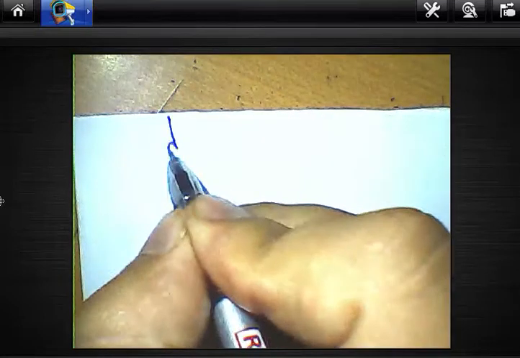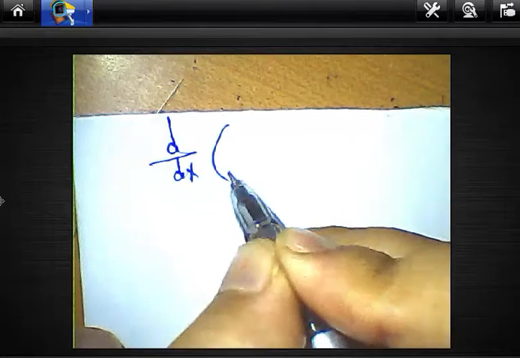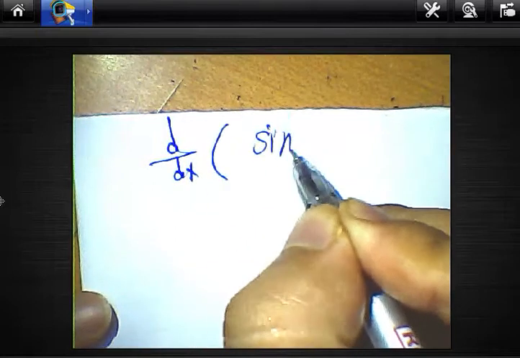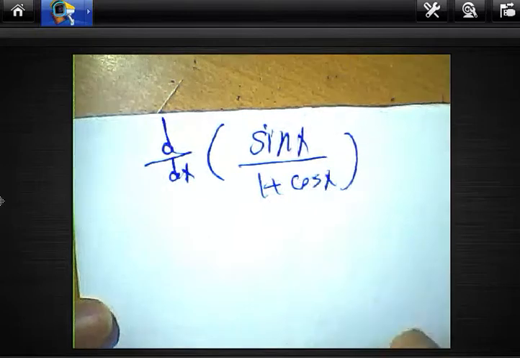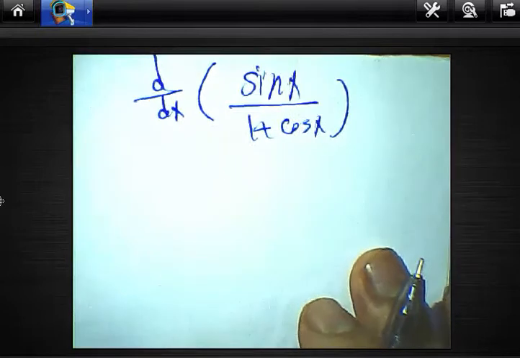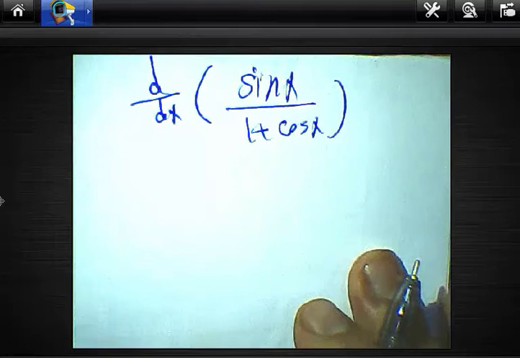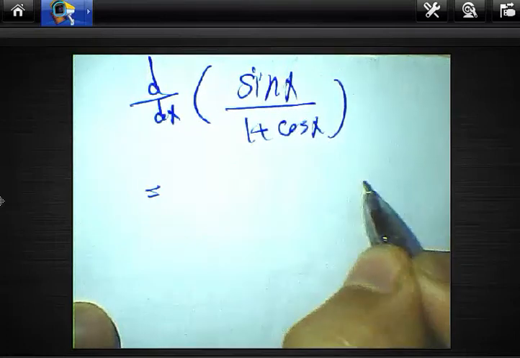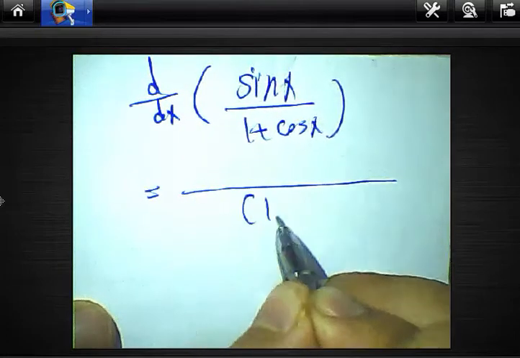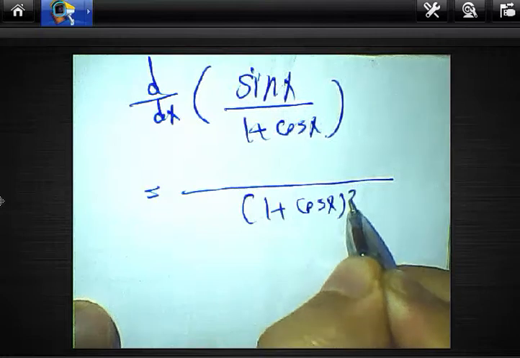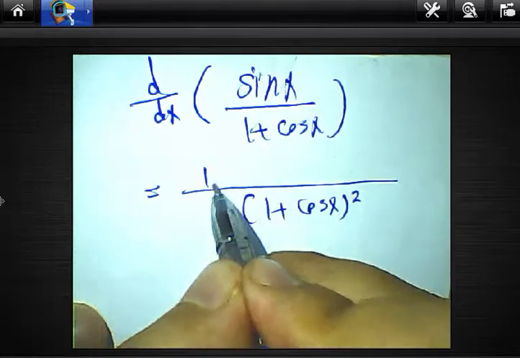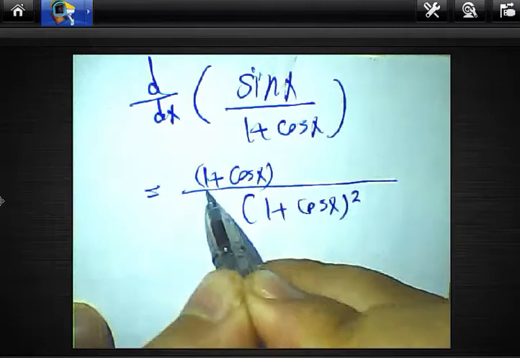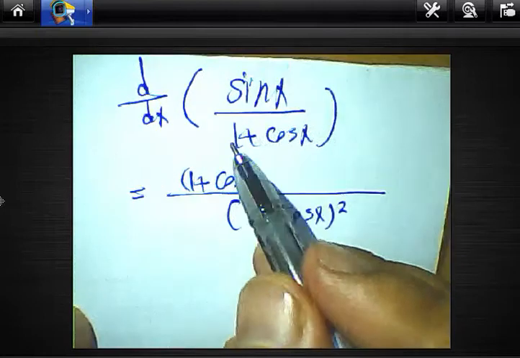Look at this example. We want to find the derivative about the function sine x over 1 plus cosine x. We can use the quotient rule. We can find the denominator power 2, 1 plus cosine x power 2, and we can write this denominator here, 1 plus cosine x in denominator, multiply by the derivative about numerator.